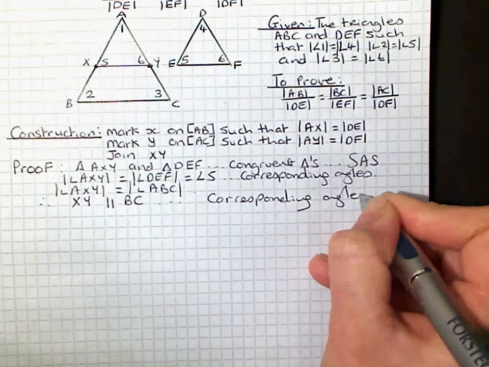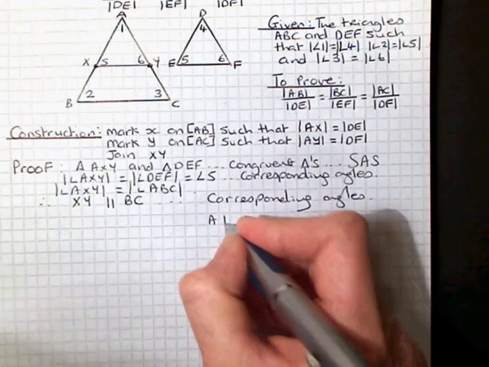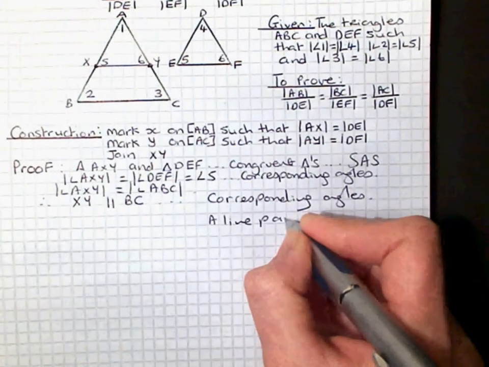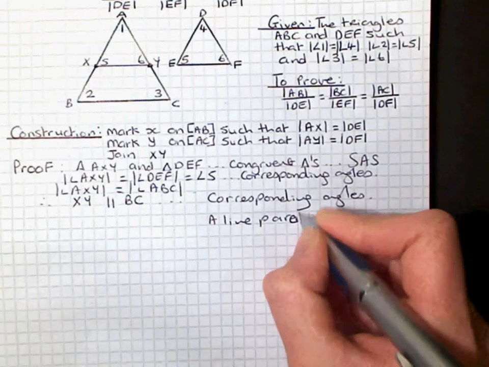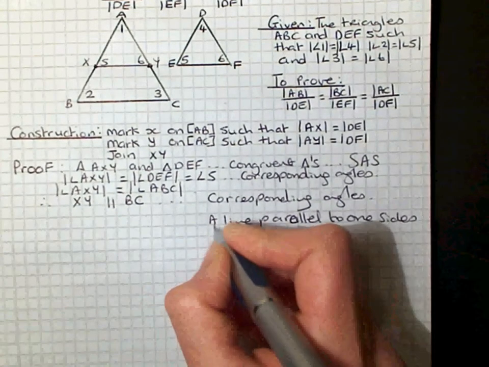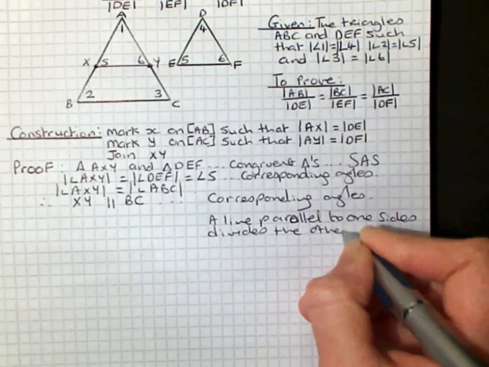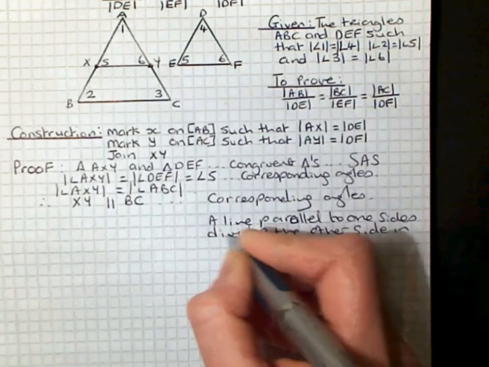Corresponding angles, that's the reason for that. So now we draw back on the theorem: a line parallel to one side divides the other side in the same ratio.